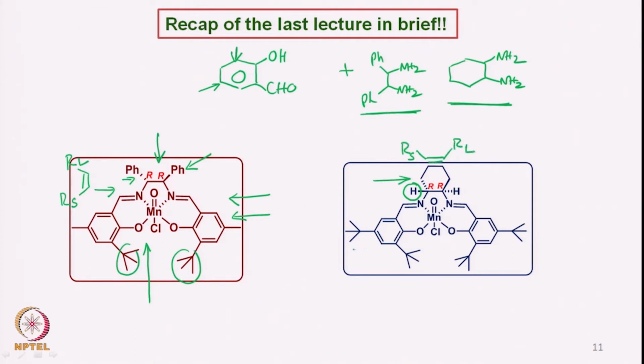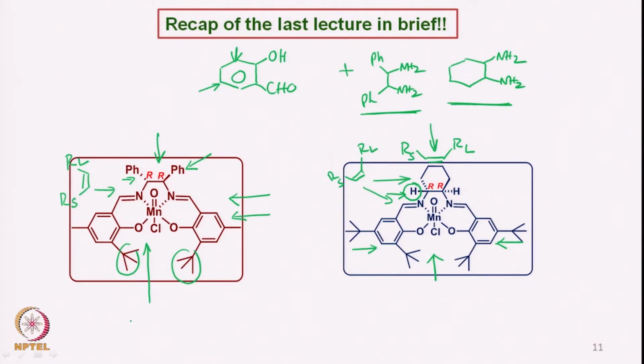Of course we discussed that this side and this side are blocked because of the tertiary butyl groups from all three sides, and this is the only side where the olefin can approach, and this is the hydrogen which stops it according to Jacobsen's hypothesis. On the other hand, the same molecule can approach the oxo complex according to Katsuki, but then he invokes the pi-pi interaction, but the result is the same as we discussed.